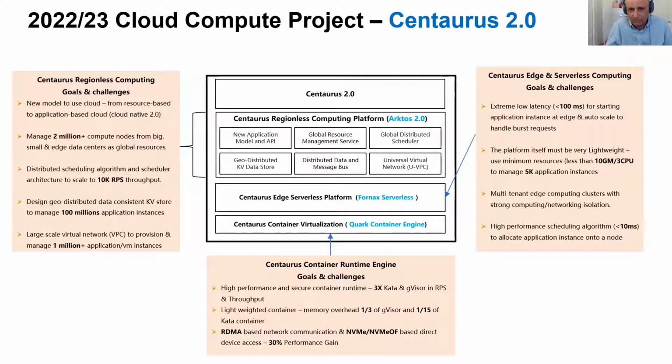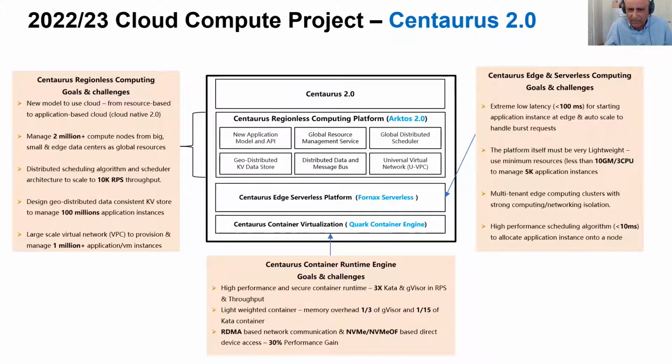In order to enable that, we need global resource management, a global distributed scheduler, and a geo-distributed key-value store, which currently doesn't exist, because in a typical edge environment you need to keep in mind that your network may not be reliable. So how do you do your key-value store transactions? You need to be able to do coordination-free transaction management. These are the things we are looking into. There's a lot of effort going on.